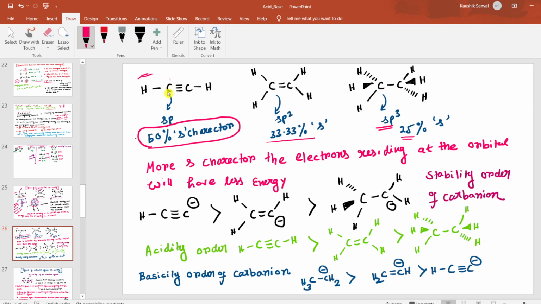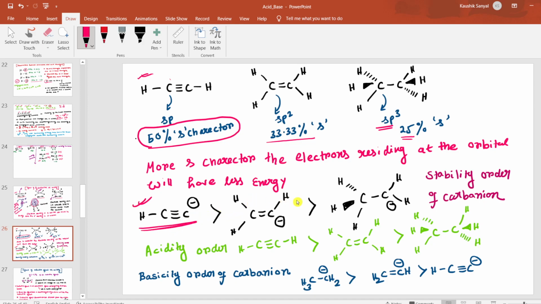Okay, now let's see the conjugate base produced from this acid. The conjugate base of acetylene is this ion. Here the electron is residing in an sp hybridized orbital, which has 50% s character. So the electron residing in this sp orbital is much lower in energy, and the stability of this conjugate base is much higher.